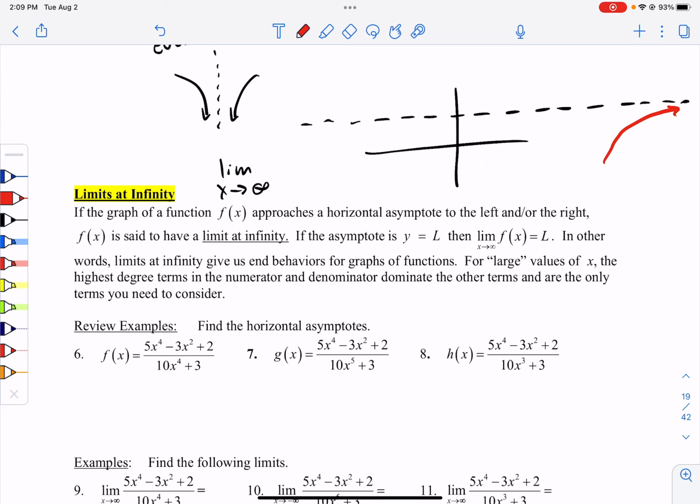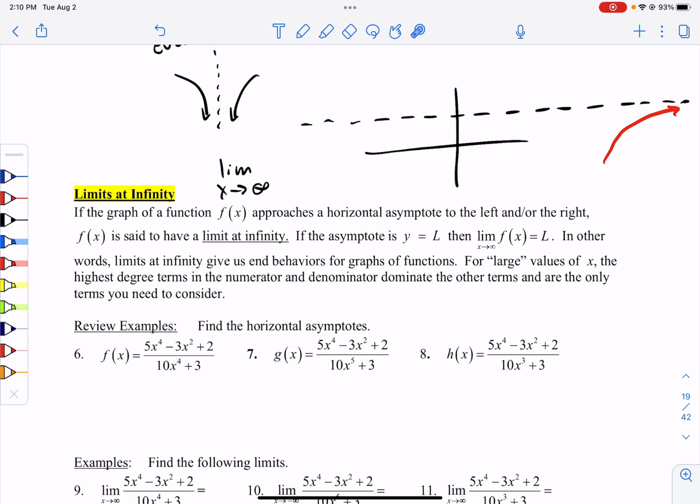What's really cool about that is I love when we just start assuming that we're plugging in really big numbers, that we're going to infinity, because of what that does to our function. Look at number 6. Number 6 has all kinds of stuff going on, and it wants us to find the horizontal asymptotes.